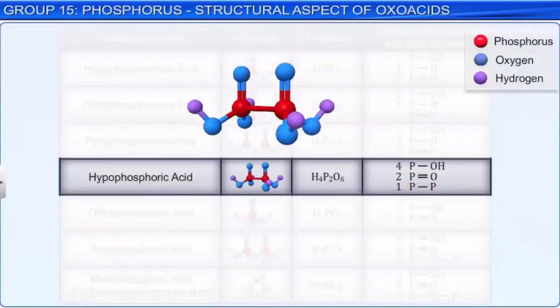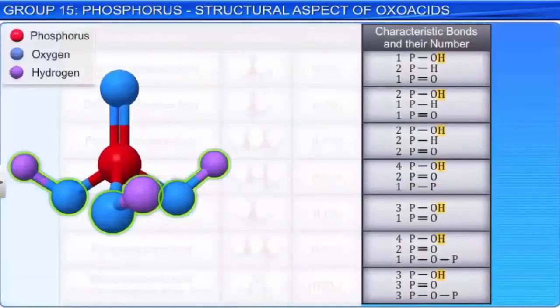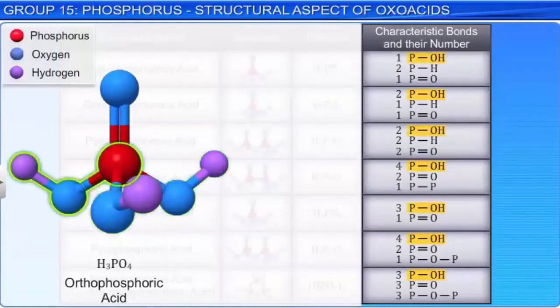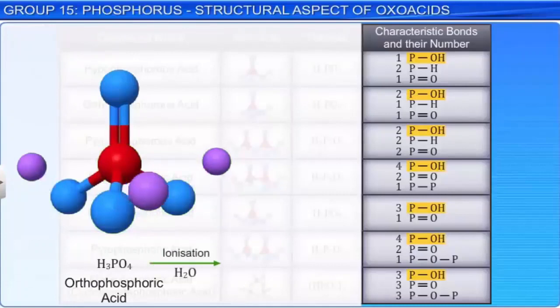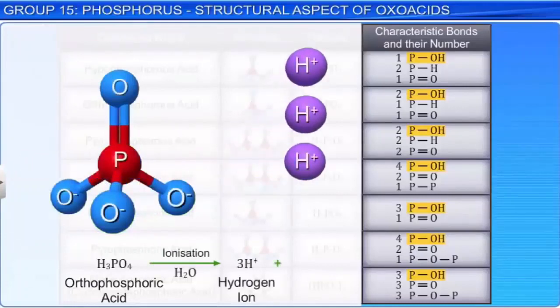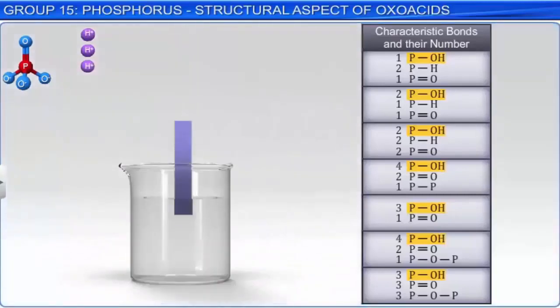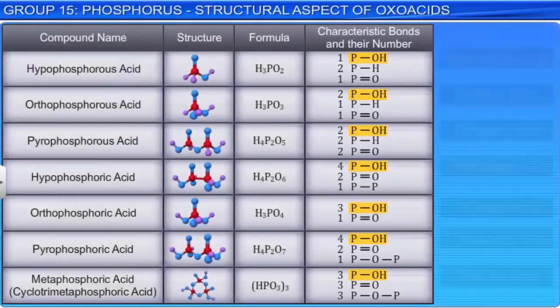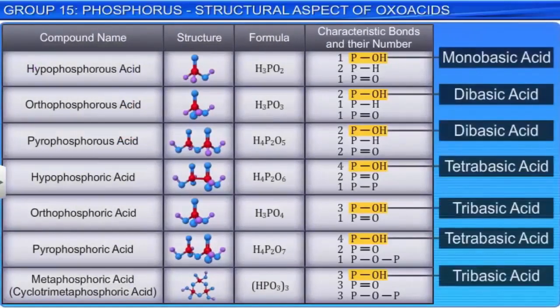Only the hydrogen atoms that are attached to oxygen in P-OH bonds are ionizable and impart acidic character to the compound. Thus, the number of ionizable hydrogens determines the basicity of an acid.